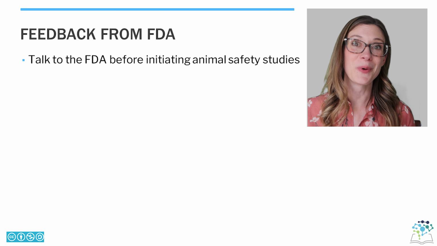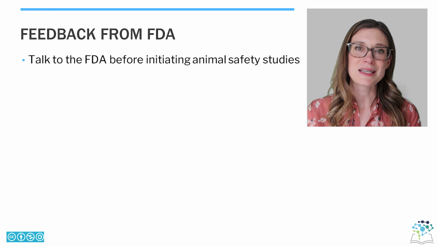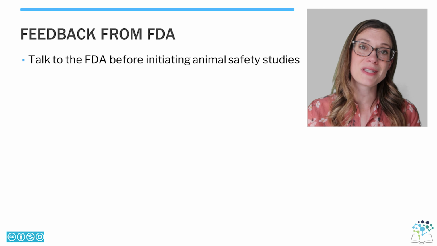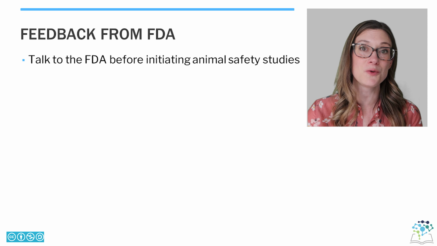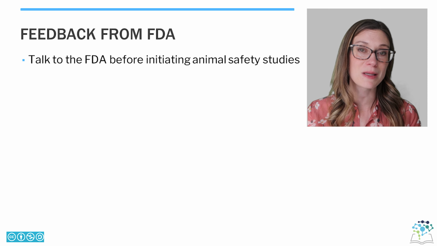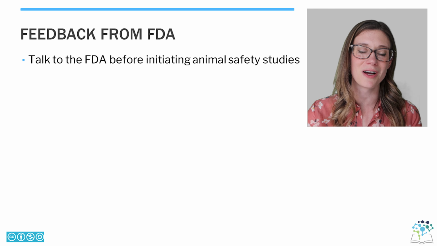Finally, the most important resource, truly, of all the ones that we've mentioned, is that it is critical to get feedback from the FDA on your selection of animal model, particularly if you don't have very similar devices that have already been approved or cleared for you to draw on.